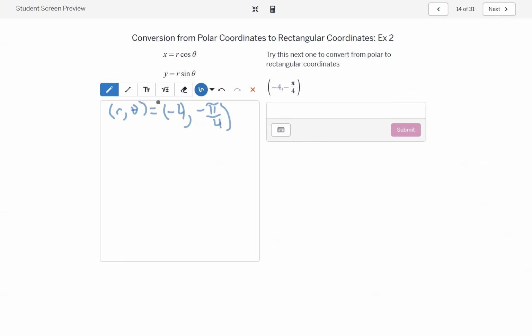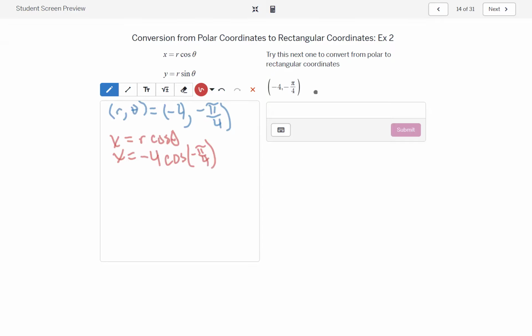So I can clearly see r is -4, theta is negative pi over 4. Now they're asking for rectangular coordinates, so that means xy. So x equals r cosine theta. R is -4 times the cosine of negative pi over 4.